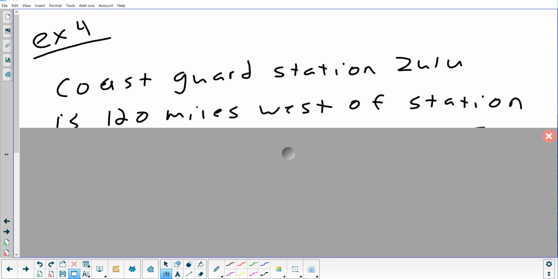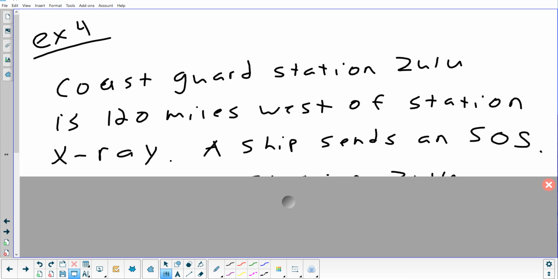But that's simple. It's like looking up the distance between two cities on a map. The locations are known. You could just look at a map and find the distance. So we've got two Coast Guard stations, Zulu and X-ray, and they are 120 miles apart.